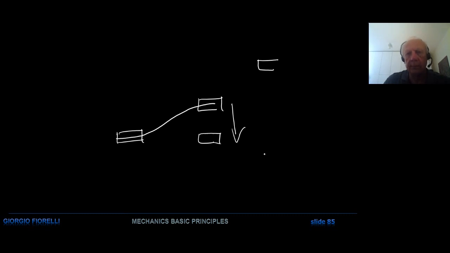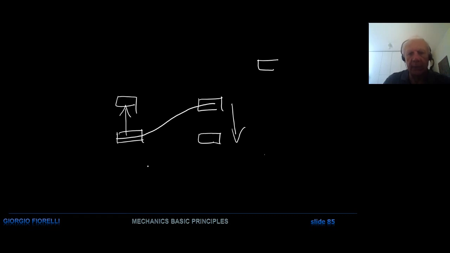So the idea is that if you have two brackets like this, what is the meaning of indeterminate alignment that we always have in statically indeterminate mechanics? We know that the two brackets at the end of the work of the wire will be aligned, but we don't know whether we will have this alignment with this bracket going down here, or this bracket going up here.